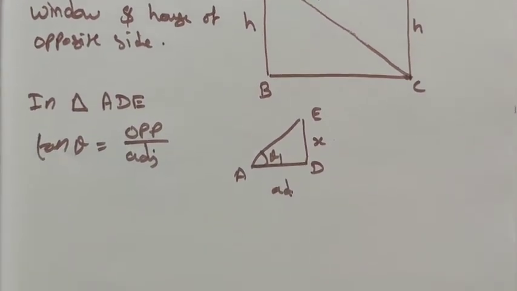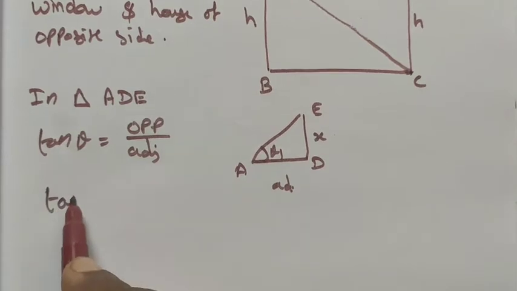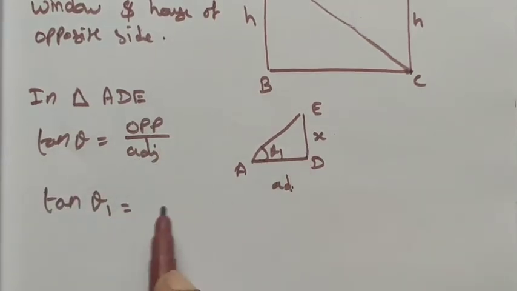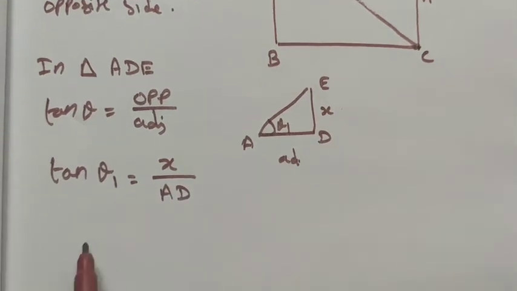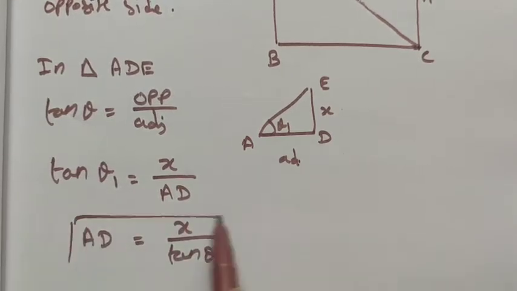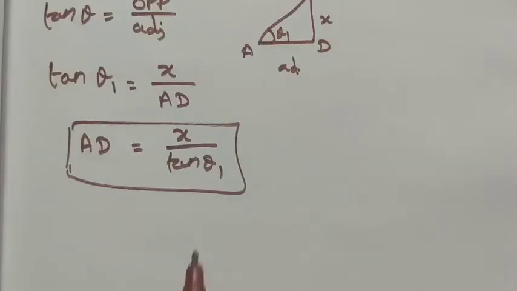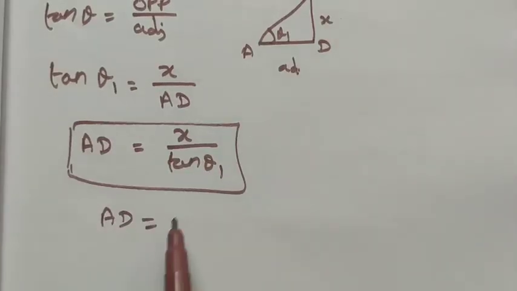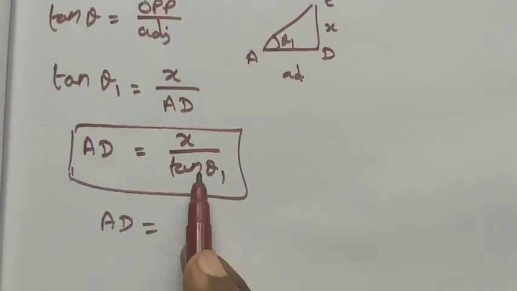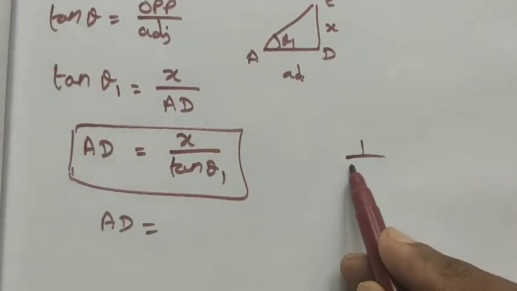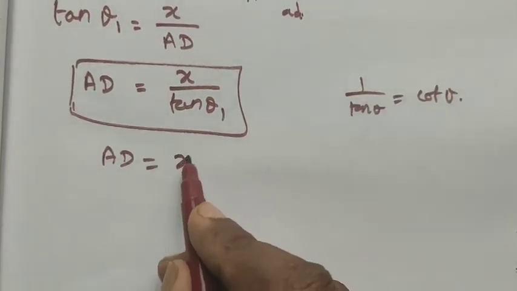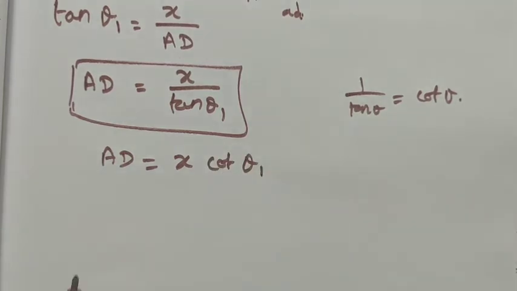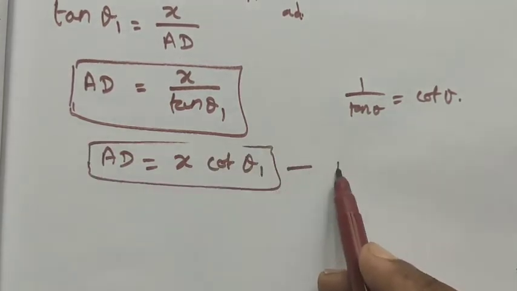Here theta is theta 1, so tan theta 1 is equal to the opposite side x divided by adjacent side AD. Taking AD to this side, AD is equal to x divided by tan theta 1. Since 1 by tan theta is equal to cot theta, AD is equal to x cot theta 1. I take this as equation number 1.